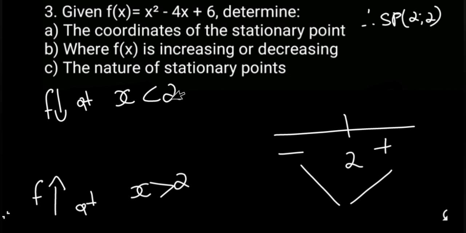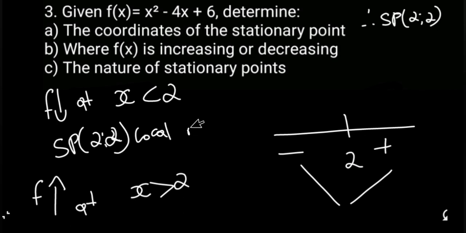These are the parts where the function is decreasing or increasing. And the nature of the stationary point at x = 2 is a local minimum, because the function is decreasing at the left and increasing at the right. So our stationary point is a local minimum.